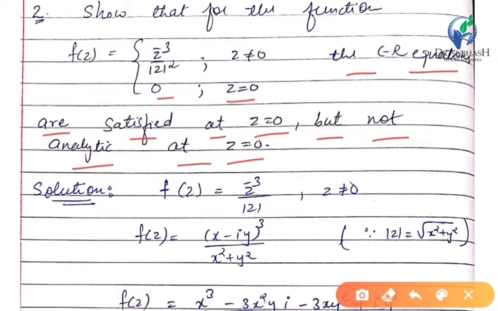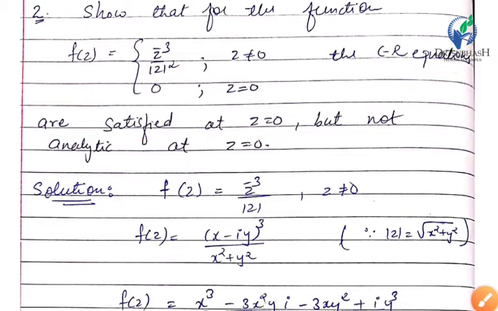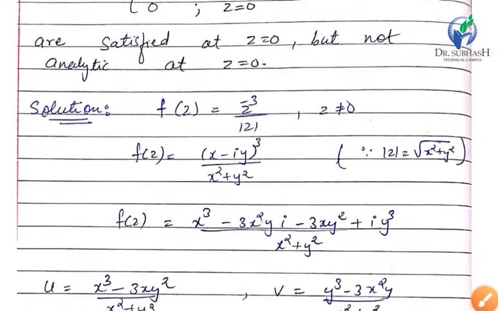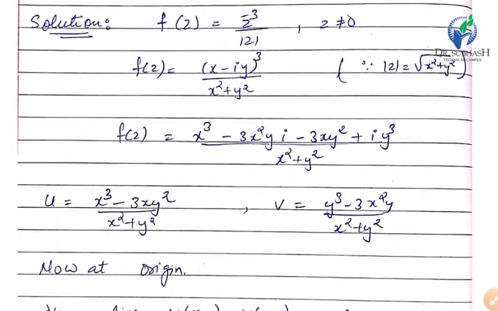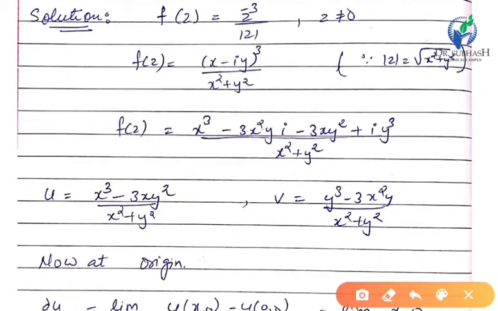What we have to prove here is that CR equations are satisfied. That means the two conditions ux = vy and uy = -vx are satisfied, but the function is not analytic at z = 0. Now first let us simplify the function and find u and v.